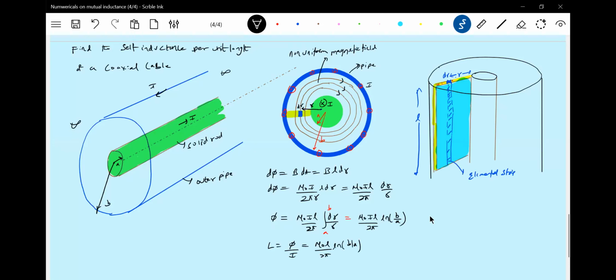This is per unit length, because L is what? One L is missing here. Self-inductance per unit length.